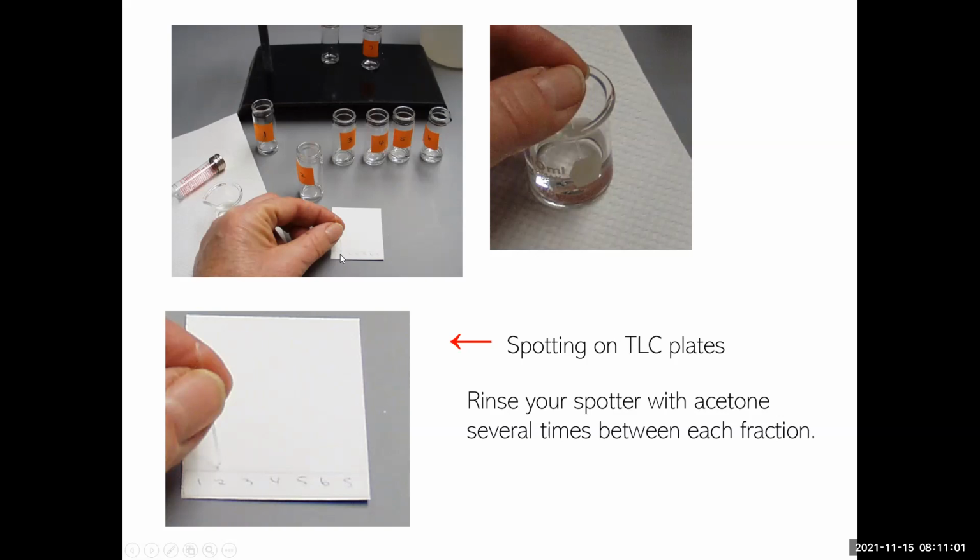So after spotting some on spot number 2, they will take the capillary tube and come over here and blot it onto a paper towel so that all the compound comes out. Then they'll rinse it with acetone, blot that onto the paper towel so that it's entirely clean for the next sample. And this is the process of cleaning the capillary tube in between spotting the different samples.